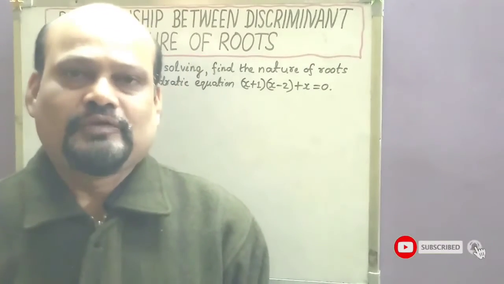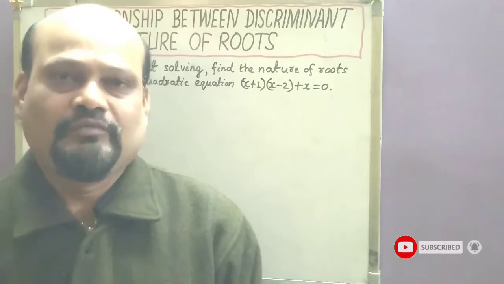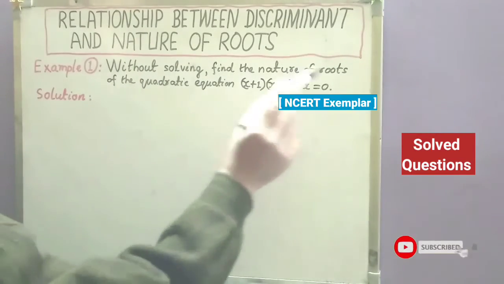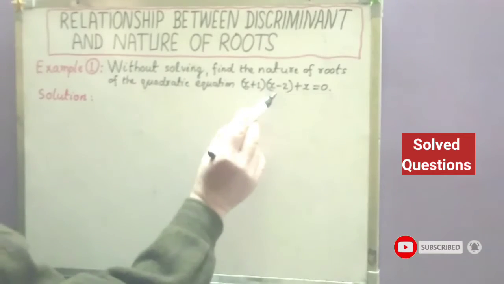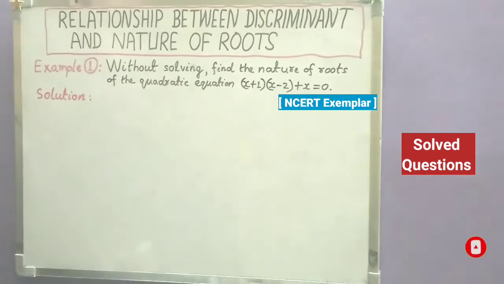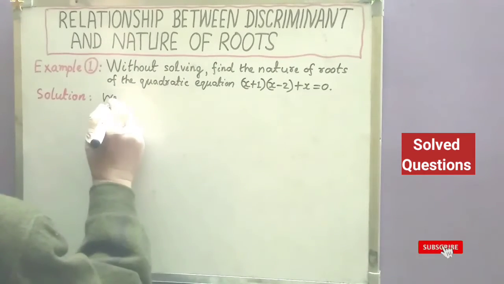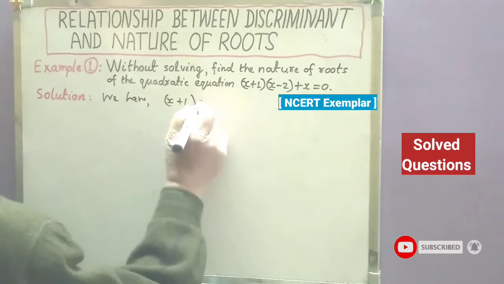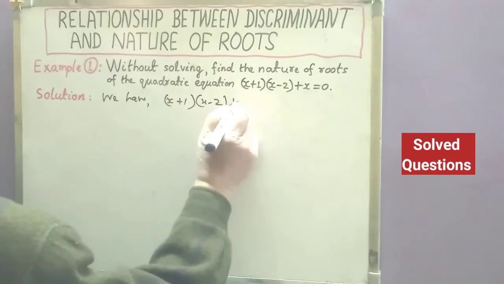Let's solve some questions based on this concept. Example 1. Without solving, find the nature of roots of the equation (x + 1)(x − 2) + x = 0. Let's solve this question.